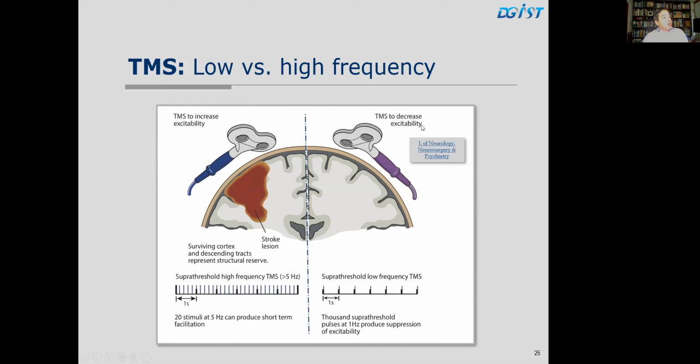If we use low frequency transcranial magnetic stimulation, it can decrease excitability, so actually suppressing some electrical activity in the brain. So we can modulate the position, we can modulate the frequency, and of course the intensity for different effects.